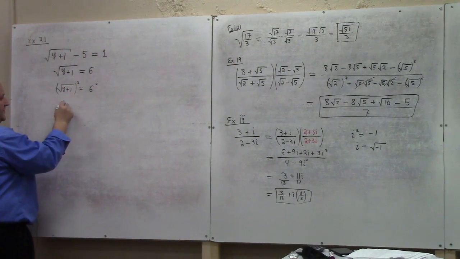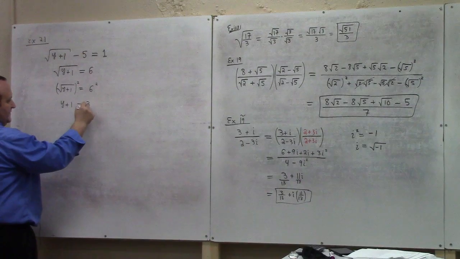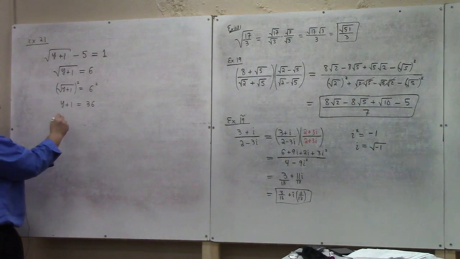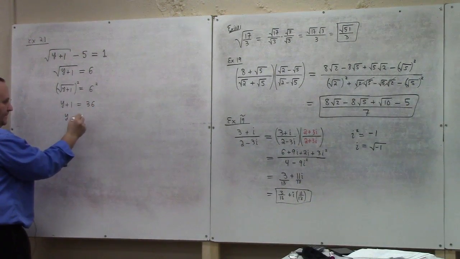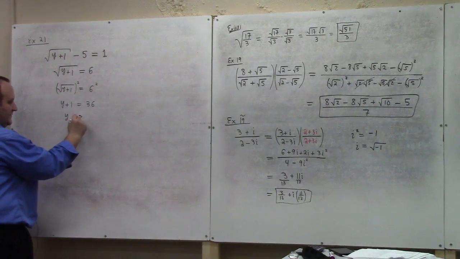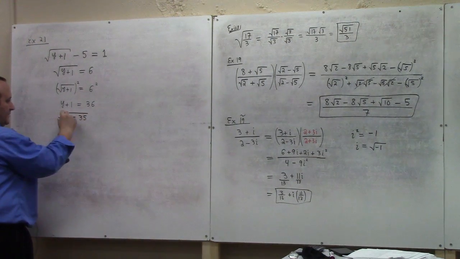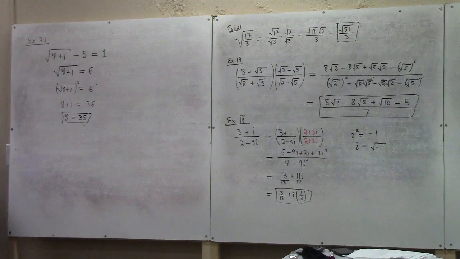Which gives me y plus 1 equals 36. So y equals 36 minus 1, which is 35.